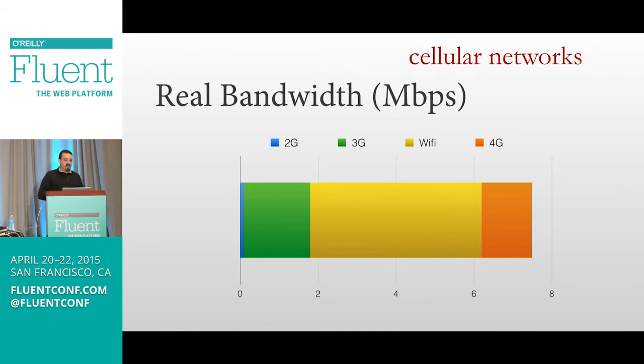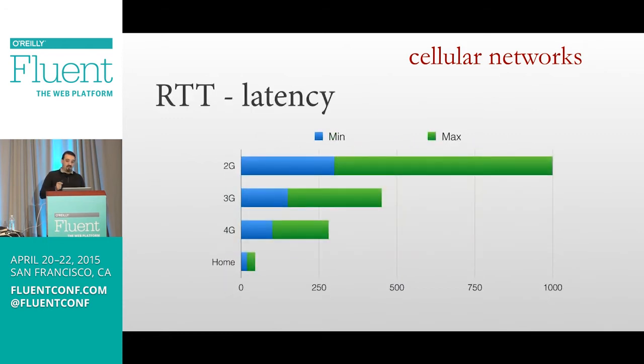And the thing that is making a real problem here is the latency, something called the round trip time. Because we are using wireless networks, information needs to go up and down. The latency is basically dead time for each request that we are doing.